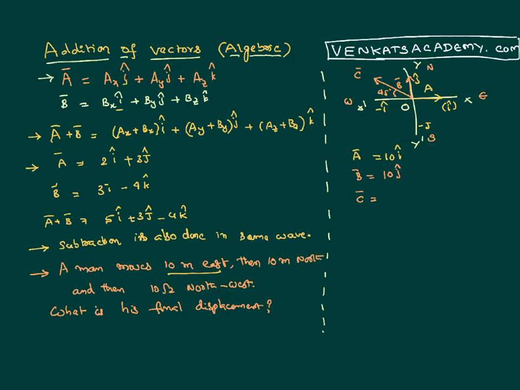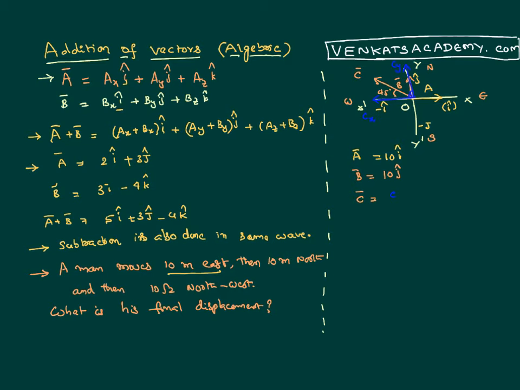Now because it is in between the x-axis and y-axis, we need to resolve that into components. How are we going to resolve this? As the vector is starting from the origin going away from the origin, its components also go away. This is the component Cx, and the y component also goes away. The component has the same direction as the vector.